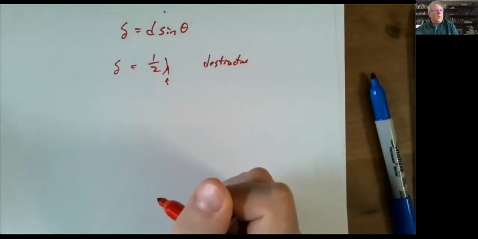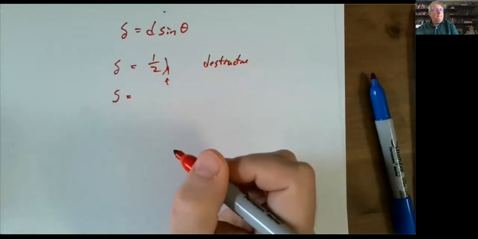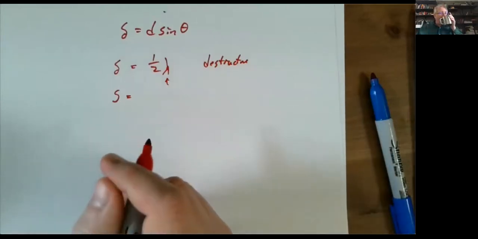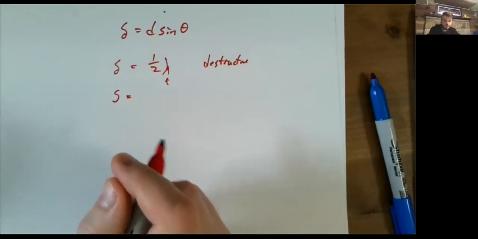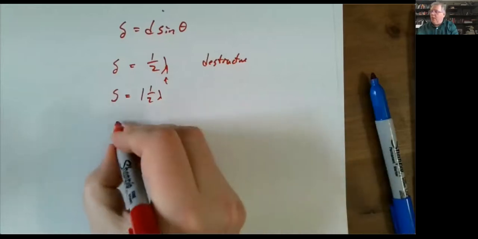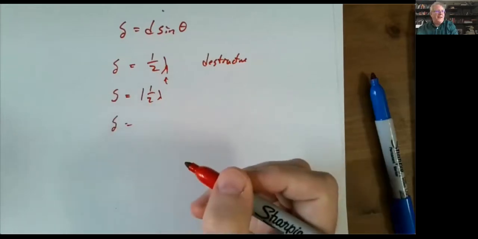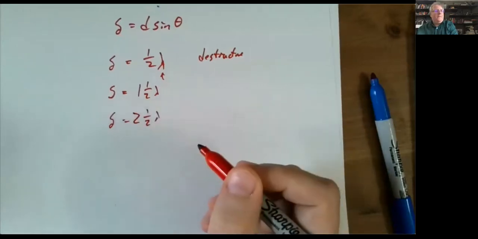What's another value that also gives me destructive interference? It could be a half off. What else? 1.5. 1.5. That's exactly right. 1.5 wavelengths. Or, right, the next one is going to be easy to guess, right? It's going to be 2.5 wavelengths.